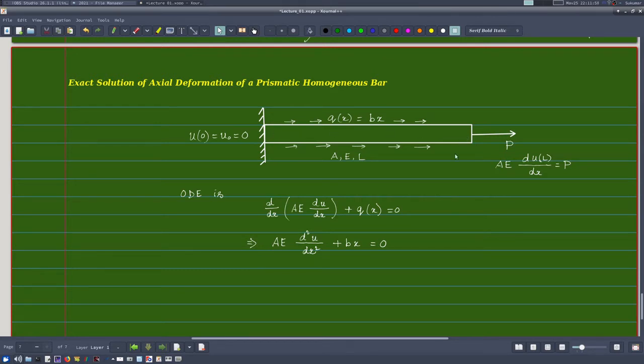And therefore, for this problem, my boundary conditions are that u at x equal to 0 is 0, and at x equal to L, I can express my force in terms of u again using this: AE du/dx equal to P. As per the sign convention, this is my positive force, so it is P. All right.